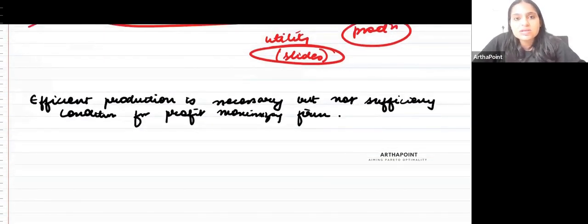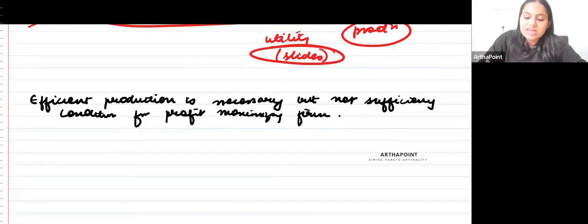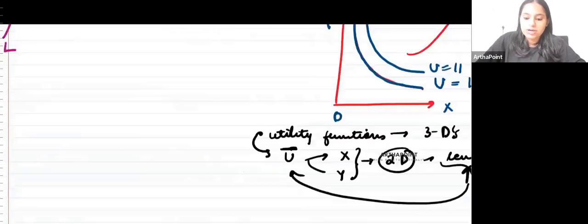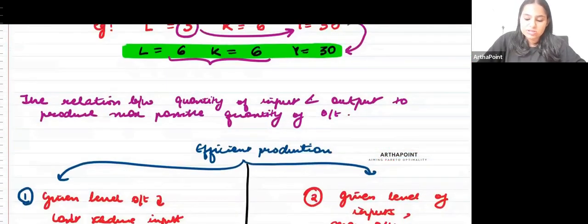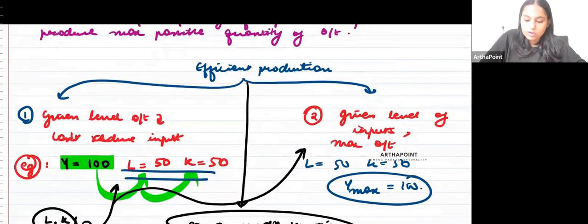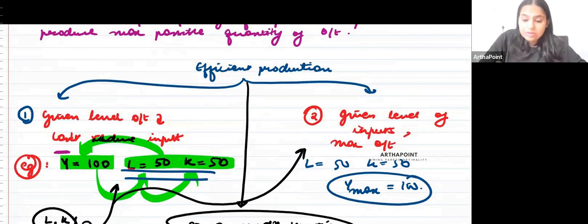Since we are talking about the production function, which only consists of efficient production, and we know what efficient production is, it only has two kinds of points: either use the minimum input for a given level of output, or produce the maximum output for a given level of inputs.